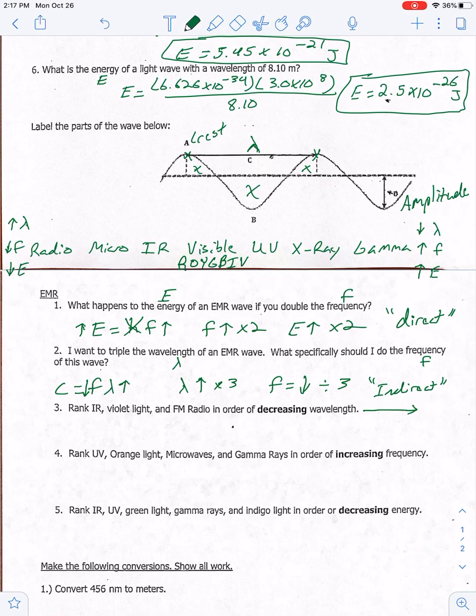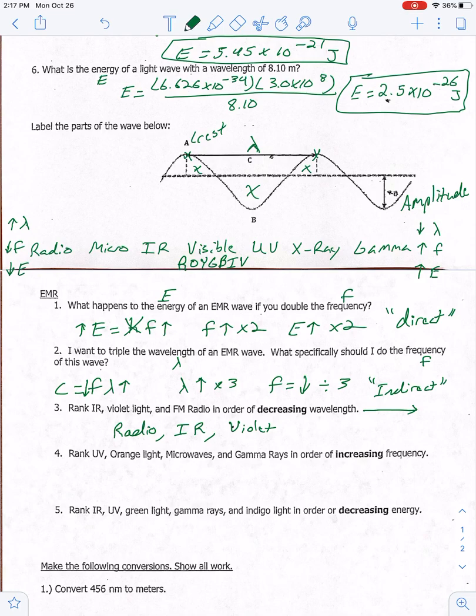Radio would be the furthest thing on the left, so we're going to put radio. Then the next one to the right would be IR. And lastly, violet light would be under the visible category, so my last one would be violet light. That is decreasing wavelength from left to right.